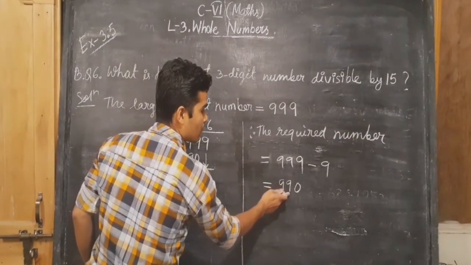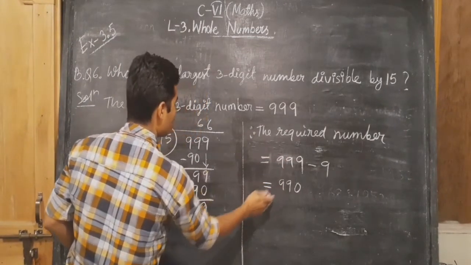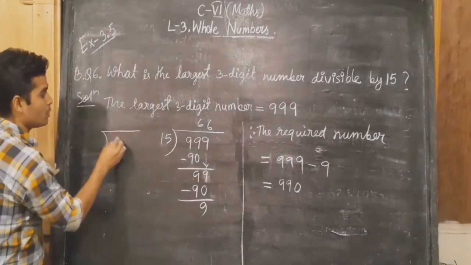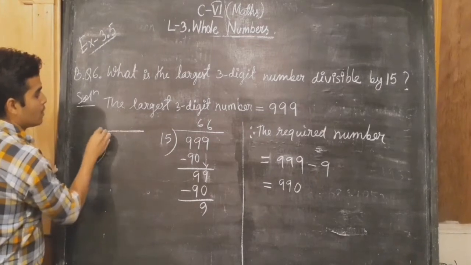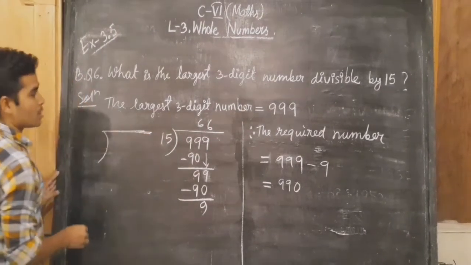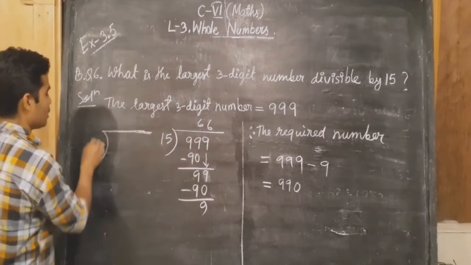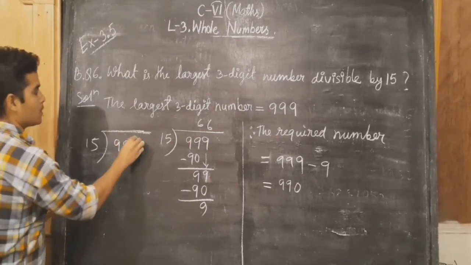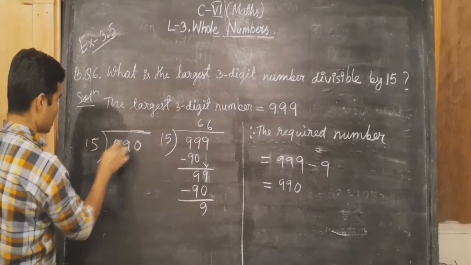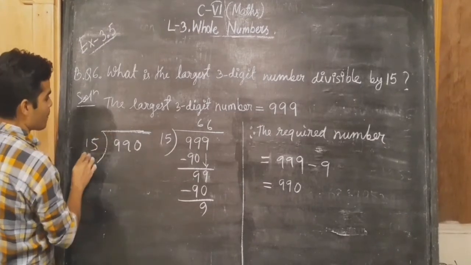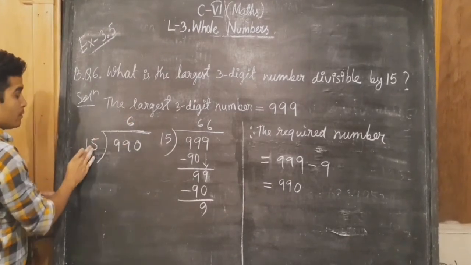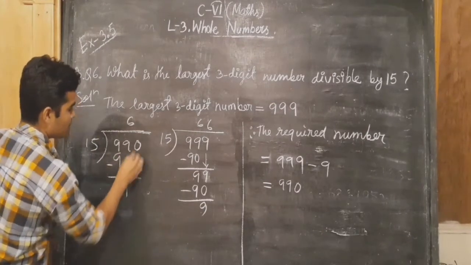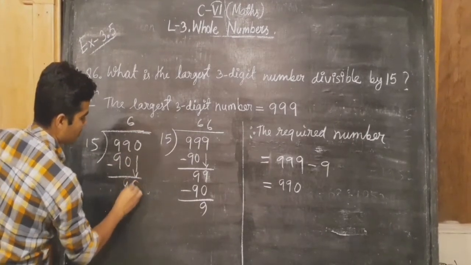If you will divide this number by 15, then you will see there will be no remainder. Here once more I am showing you by dividing the number which is exactly divisible by 15. You can see I will divide 990 by 15. Then I must give first 15 6s are 90, and then 9 is the remainder.